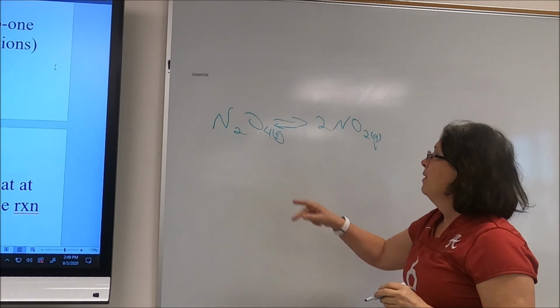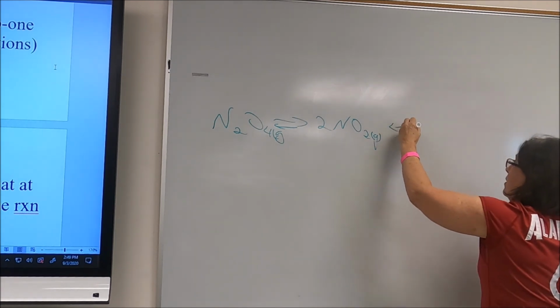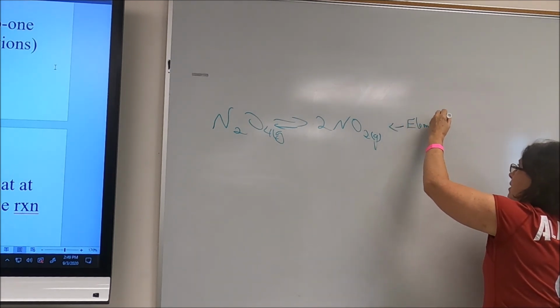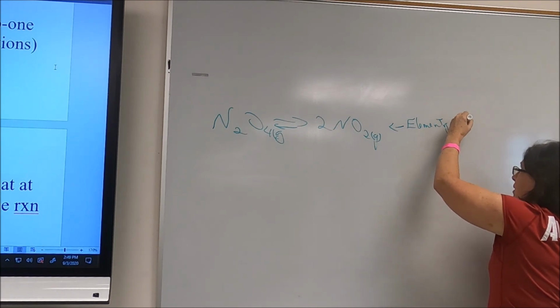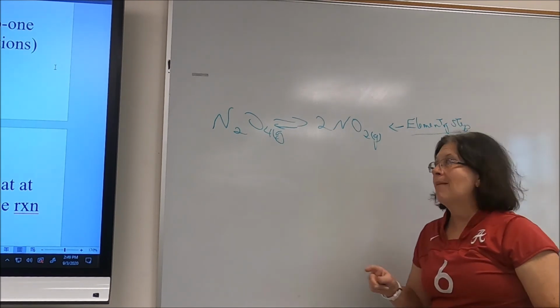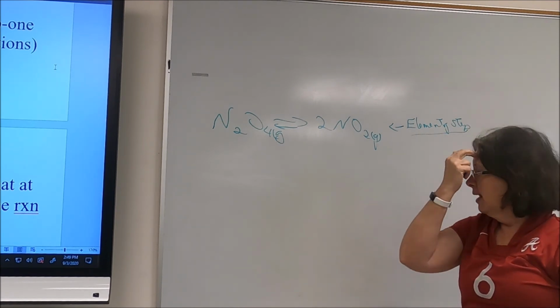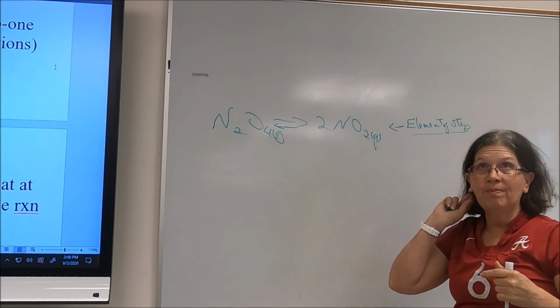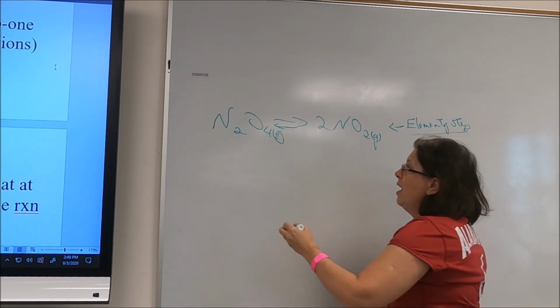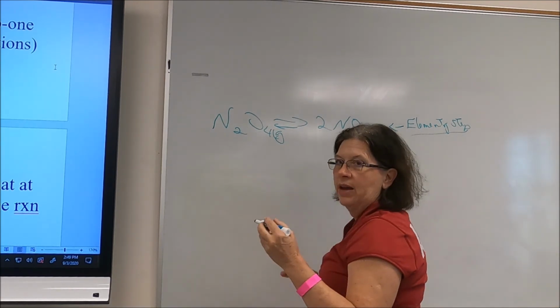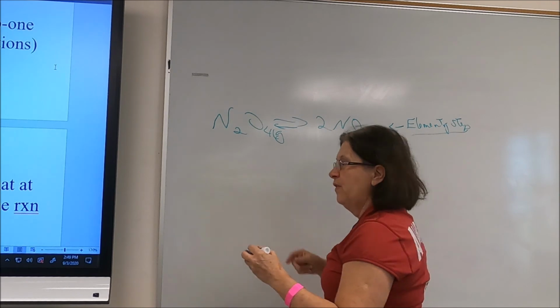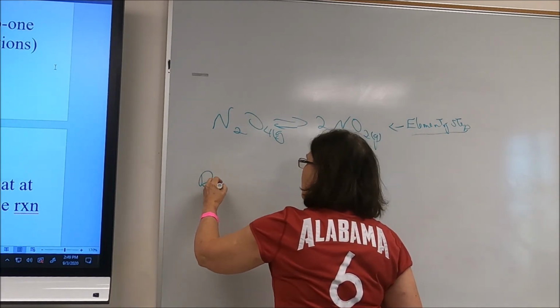Now, this is an elementary step. Remember, an elementary step means that this happens as a single event, instead of a cascade of events. And we know for a single event, we can write the rate law based on the coefficients in the balanced chemical equation.